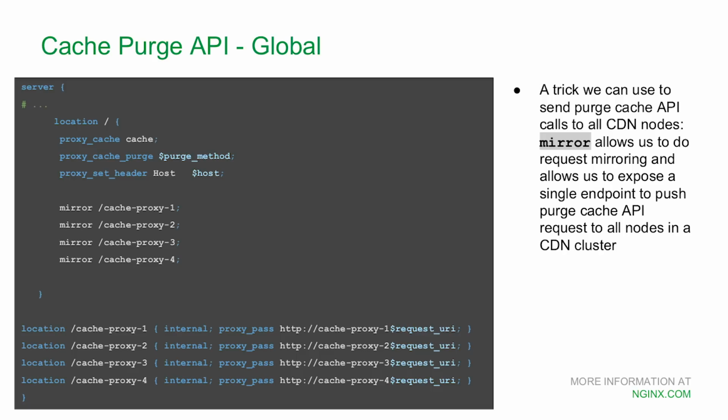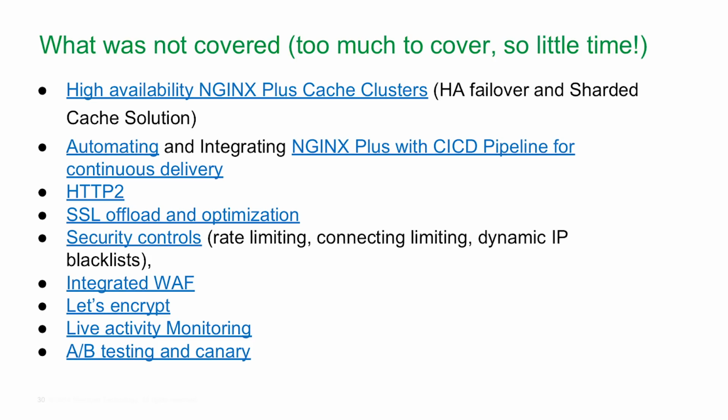Again, you could use your own configuration management tools. One built-in feature in the NGINX product is called the mirror, which allows you to mirror requests. You can make an API purge call to a single NGINX instance and have that mirrored out and propagated to all your other NGINX Plus instances as well.